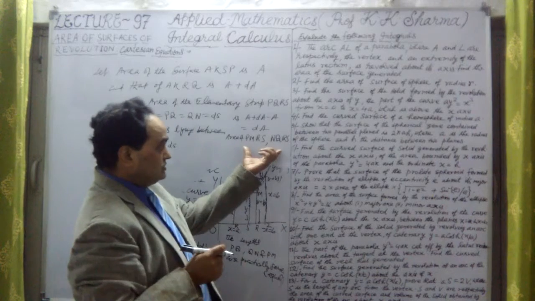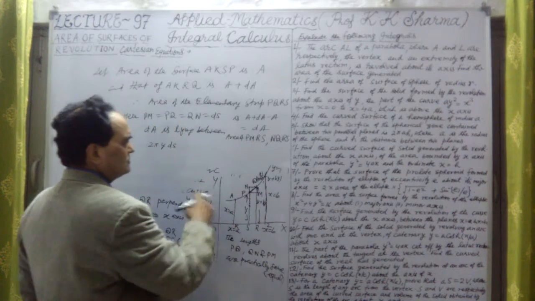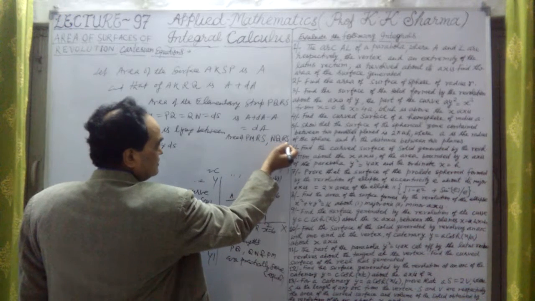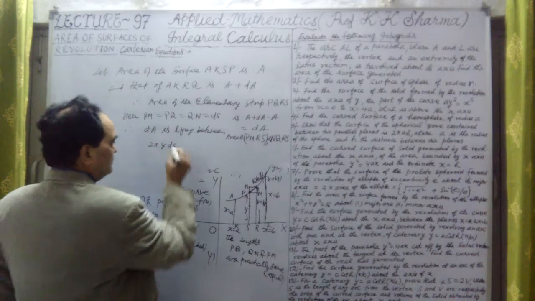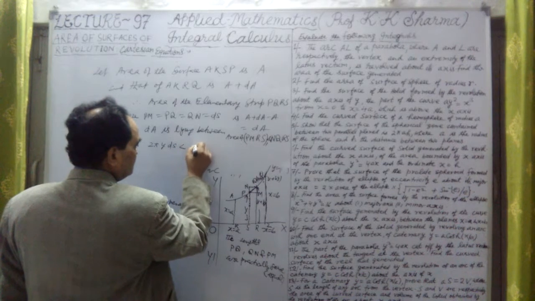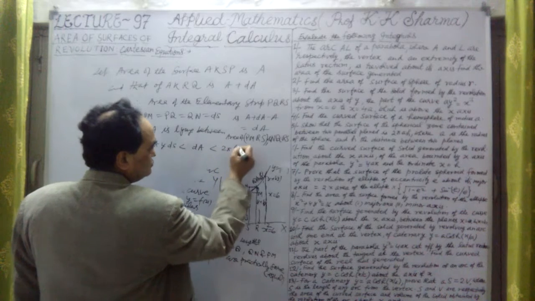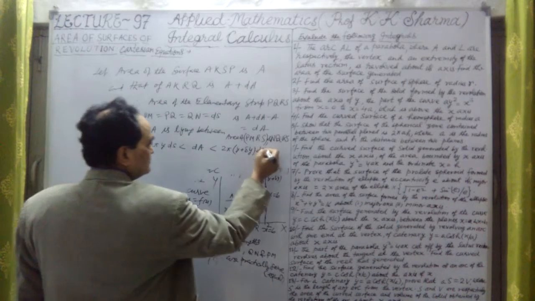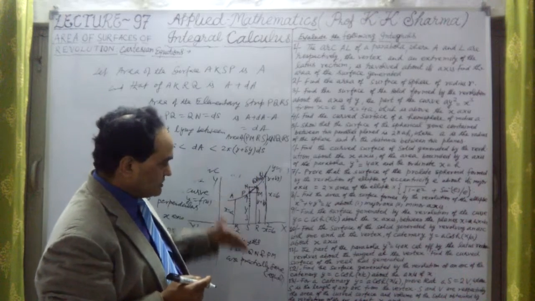So these two areas, which is the area of the surface revolved around x-axis, after revolving about x-axis. So area of PMRS and NQRS, area of this and this. That means this 2 pi y ds is smaller. Let me take this is dA is smaller than this 2 pi into y plus delta y into ds. Why is this? Well, this is the area of the surface revolved around the x-axis.